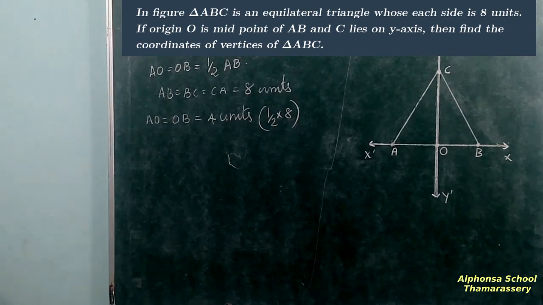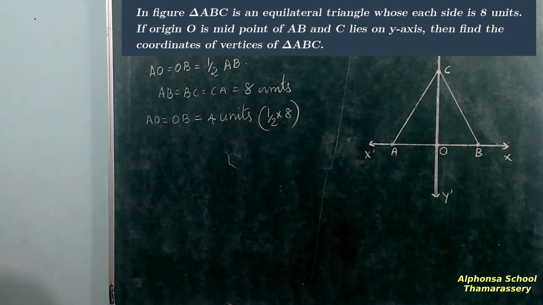If you observe triangle BOC, in that we know the length BC and we know the length OB. Using this, can you find the length OC? Yes, we can find the length of OC because triangle BOC is a right triangle.